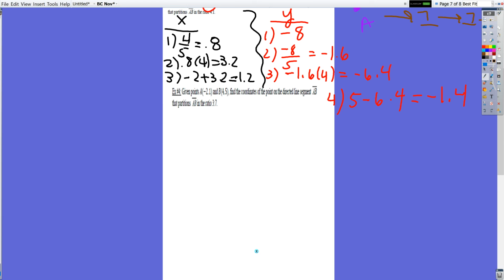How's this one going? Negative 0.2, 2.2. How's it look?